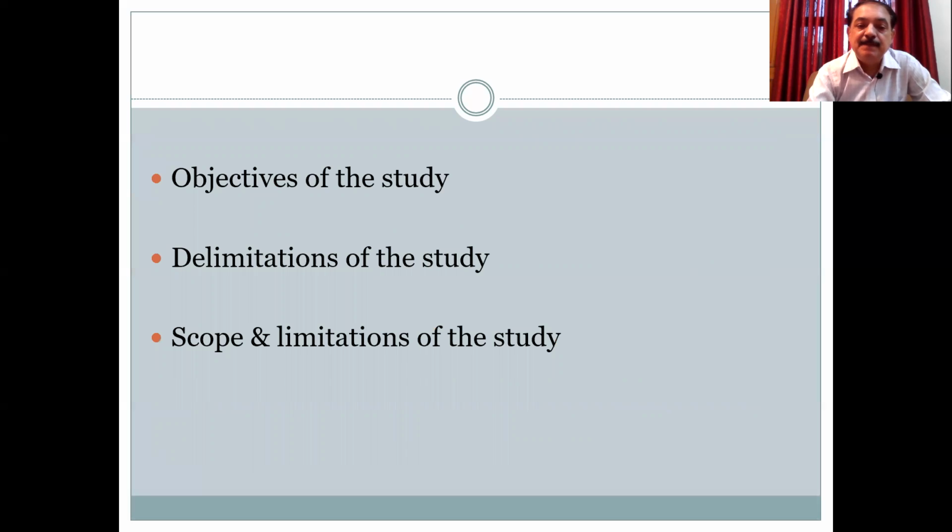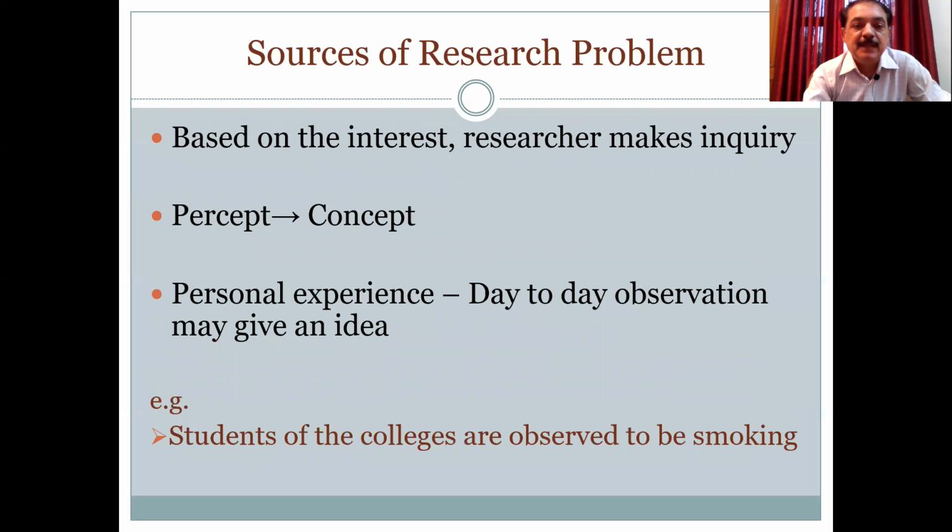Objectives of the study should be very clear. Delimitations of the study, how much it will cover, then scope and limitations of the study, how much it will cover, and what will be the limitations which should be done in further studies with the recommendations for the further study.